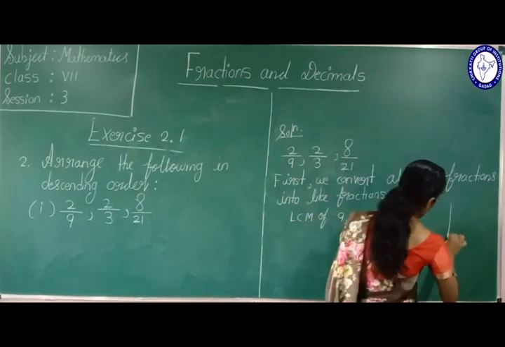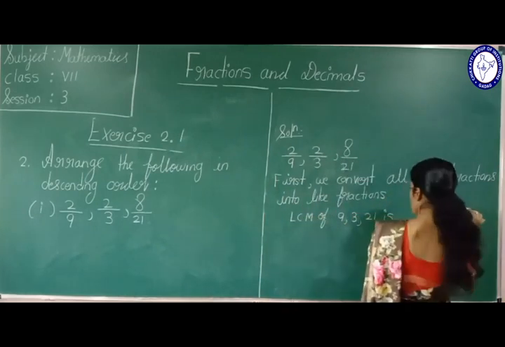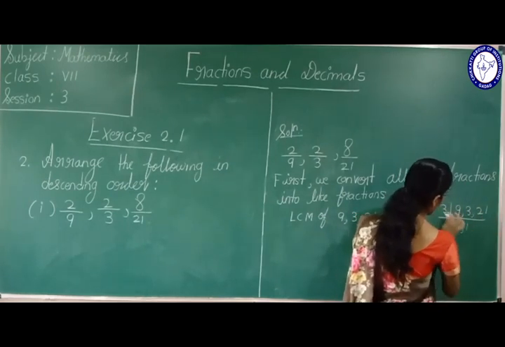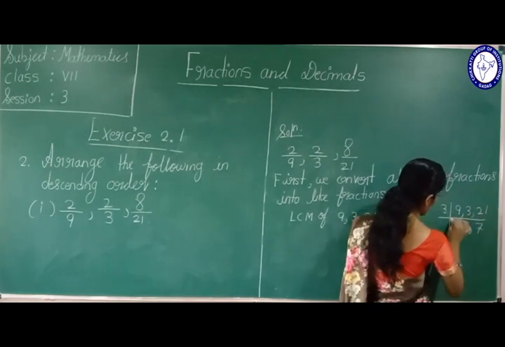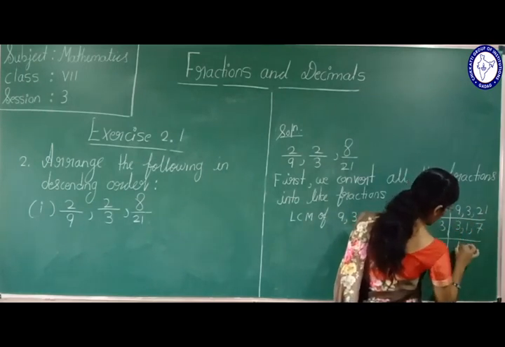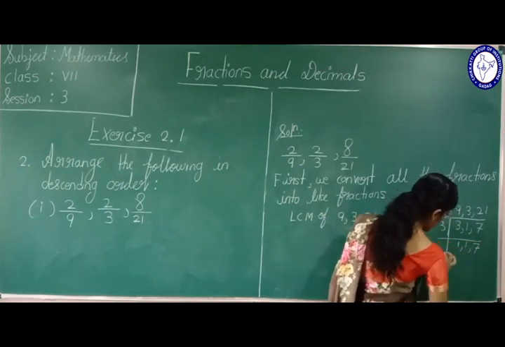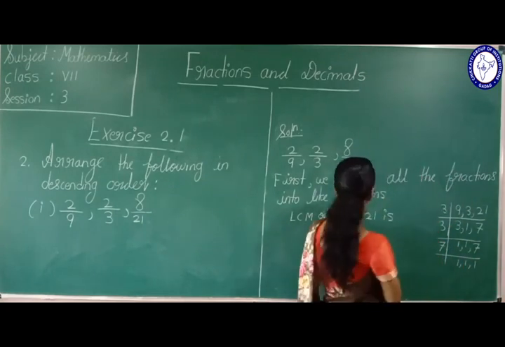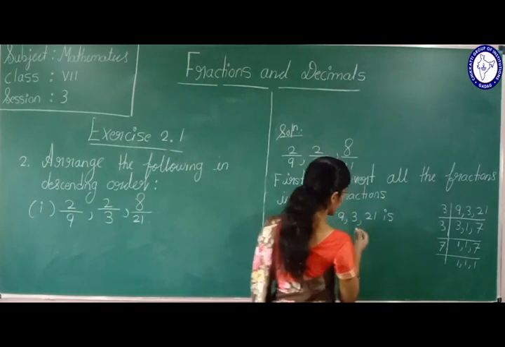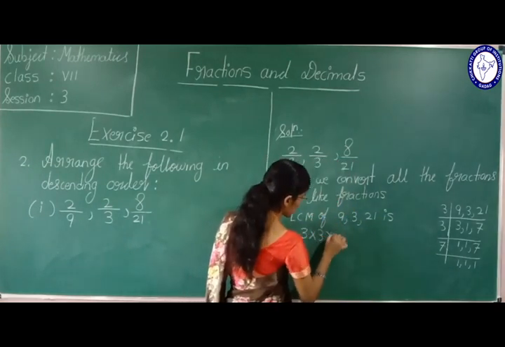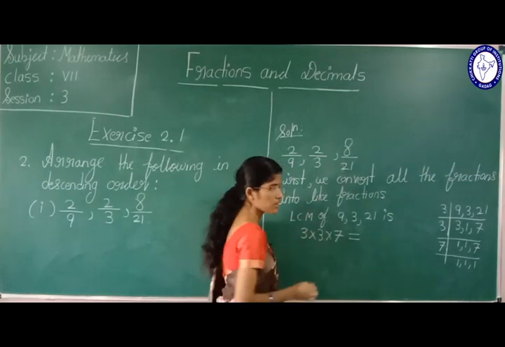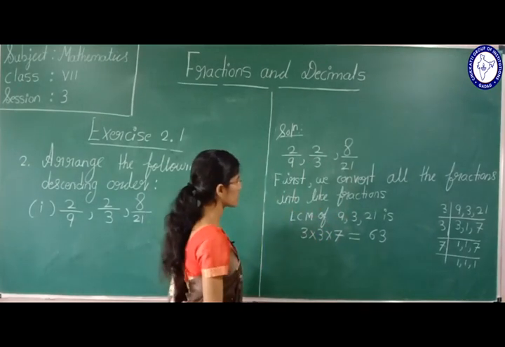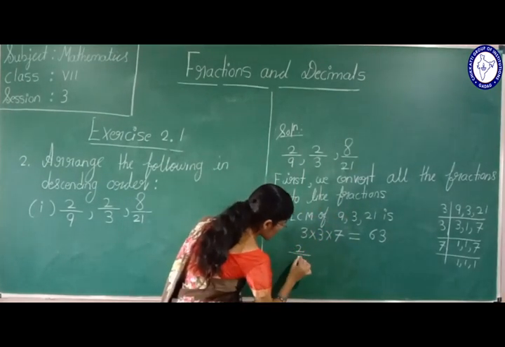So see, what is the LCM of 9, 3 and 21? 3 3s are 9, 3 1s are 3, 3 7s are 21, 3 1s are 3, 7 here as it is. Next 7 1s are 7. LCM of 9, 3, 21 is 3 multiplied by 3 multiplied by 7. 3 3s are 9, 9 7s are 63. LCM is 63.